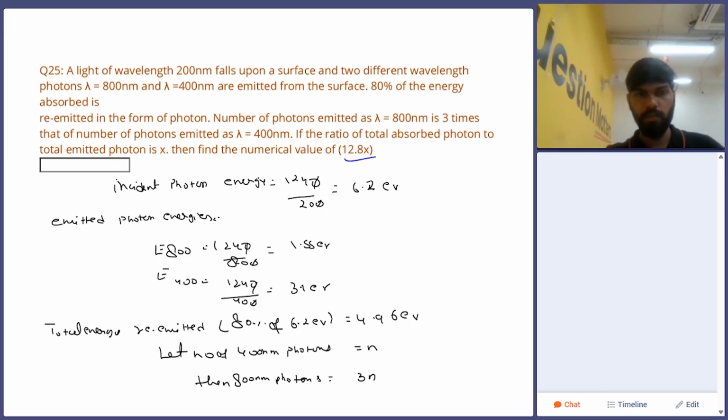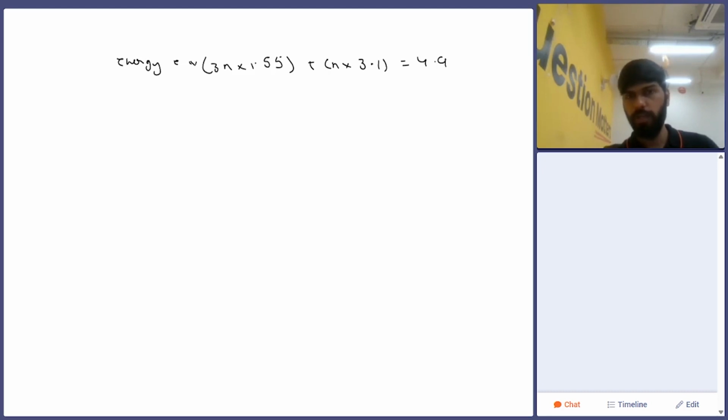Now the energy equation we can write like 3n into 1.55 plus n into 3.1 is equal to 4.96.